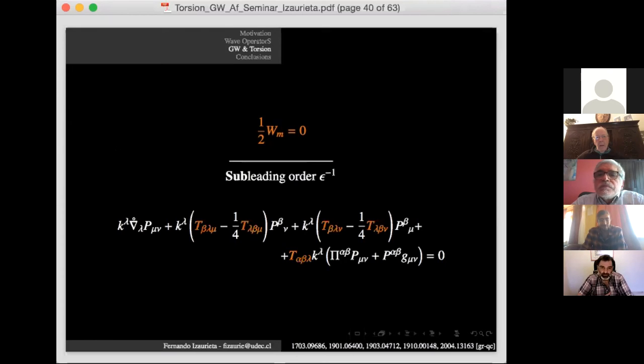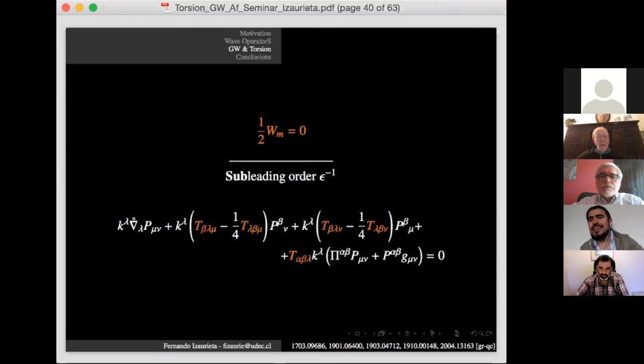Well, I don't know if it's a question or a comment, but torsion is natural to occur because you have fermions. So basically you are saying that you believe dark matter is fermionic. I mean, or I'm wrong. Could be.